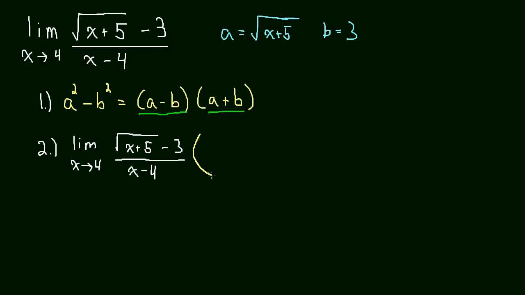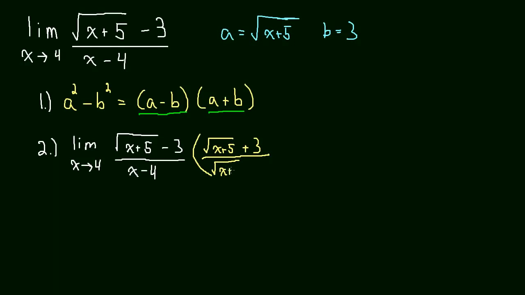So this will be multiplied by, and what was a? Well, a is the square root of x plus 5, and then plus b. So plus, let me make that more clear, plus 3. But we can only ever multiply by 1, otherwise we're going to change things. So we have to multiply by this over itself.